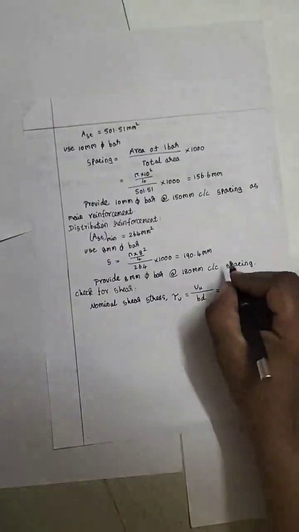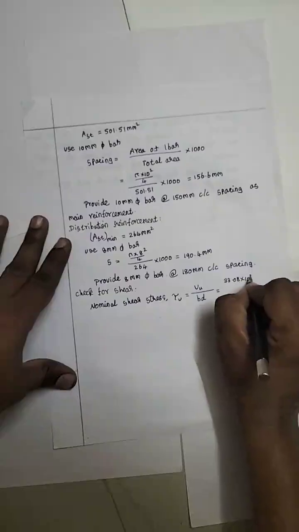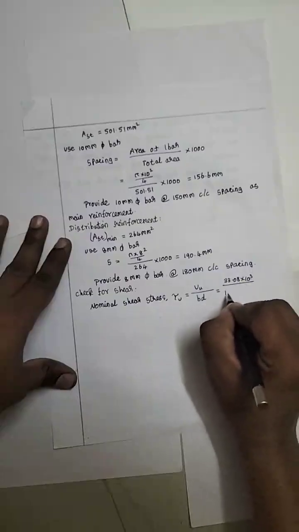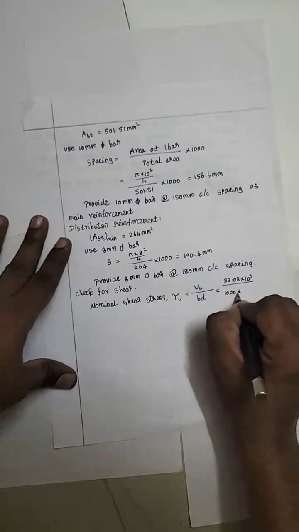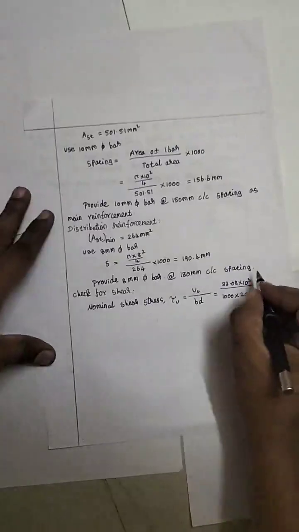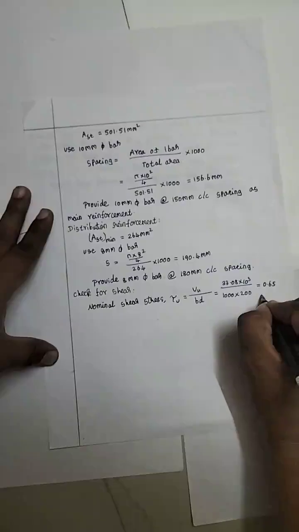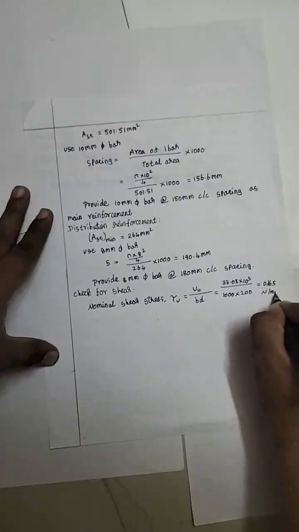So 33.08 into 10 to the power 3 divided by 1000 into D, which is 200. The value which we are getting is 0.165 Newton per mm square.